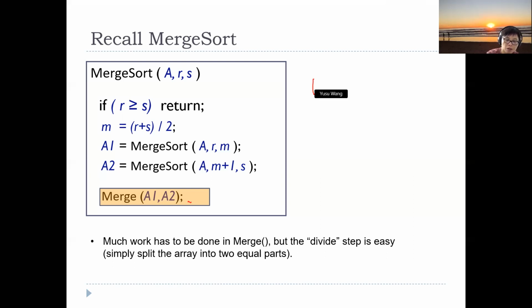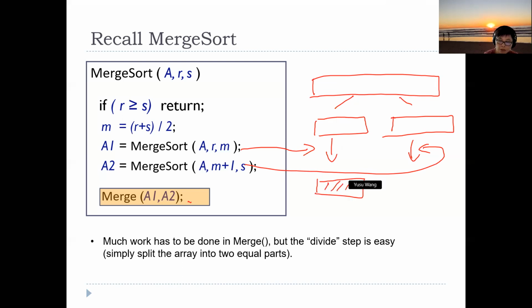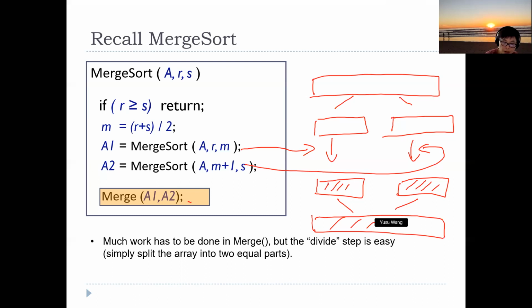Divide and conquer. Given this input array that we want to sort, we first divide it into 2 subarrays. Then for each subarray, we use merge sort recursively to sort them. After that, each individual one becomes sorted. Then we merge these 2 sorted subarrays into a single sorted array using the merge procedure.